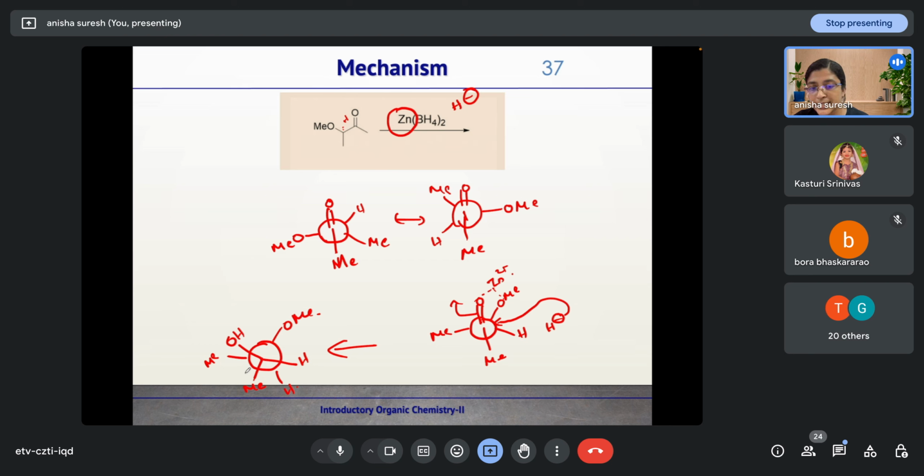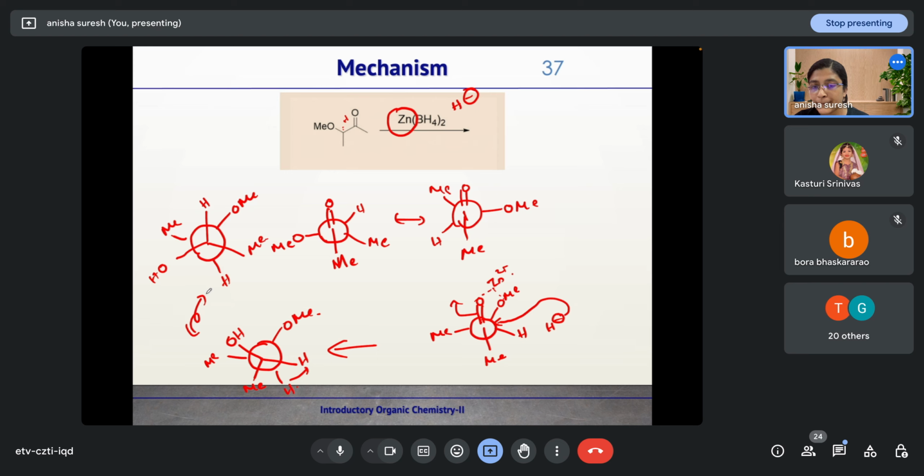Then we will rotate in such a way that the methyl groups are coming in the same plane. So we will keep the back carbon as such. Me, hydrogen. We will rotate this in such a way that methyl will come here. We will rotate in this fashion. Methyl will be coming here, OH will come here and the hydrogen will come here.